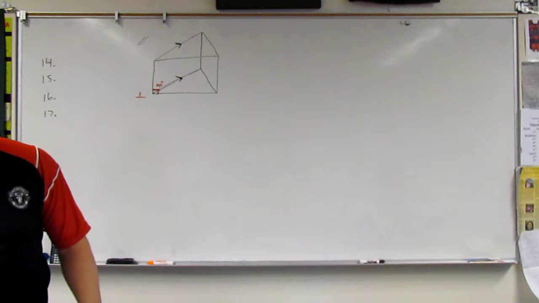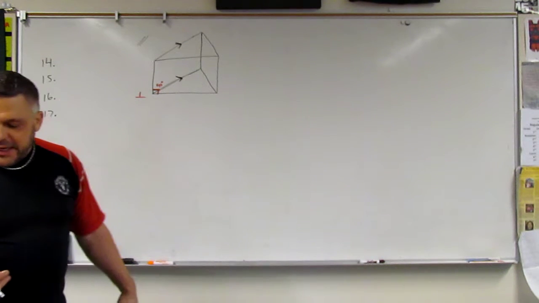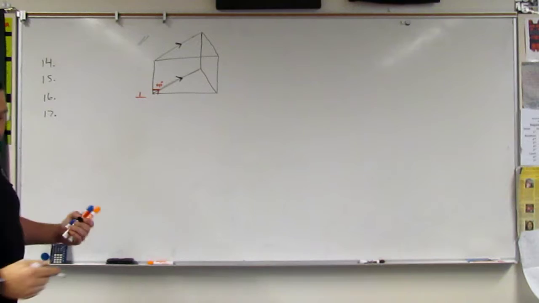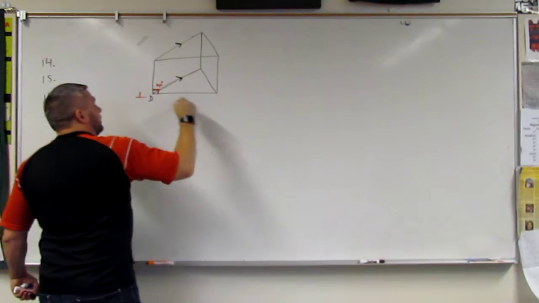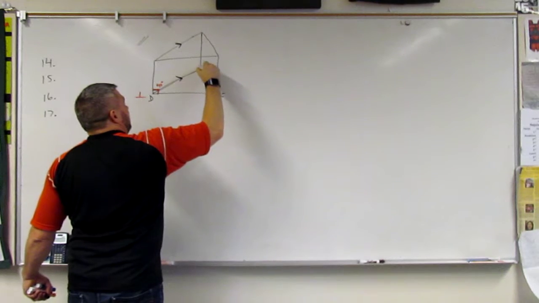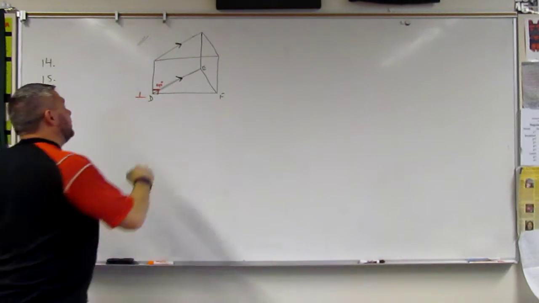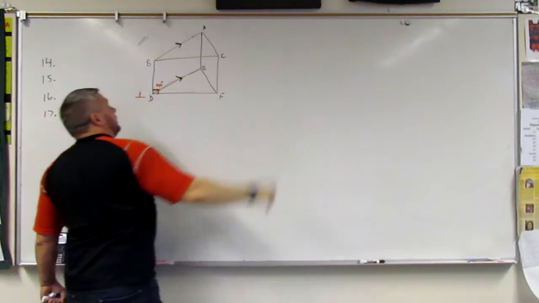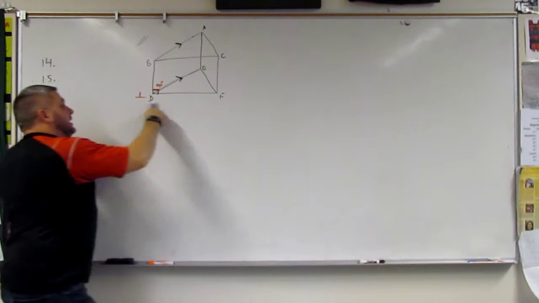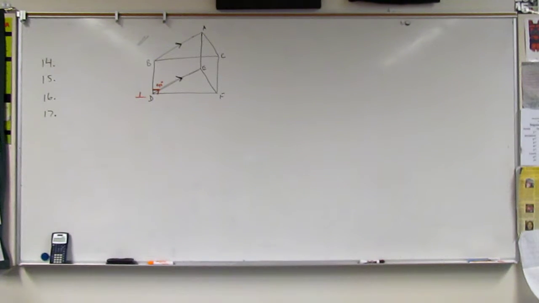Now it doesn't say that BC is parallel or anything, so I guess DFE, DFE, and BCA, BCA. Now it doesn't say that DF is parallel to BC, so we can't assume that.